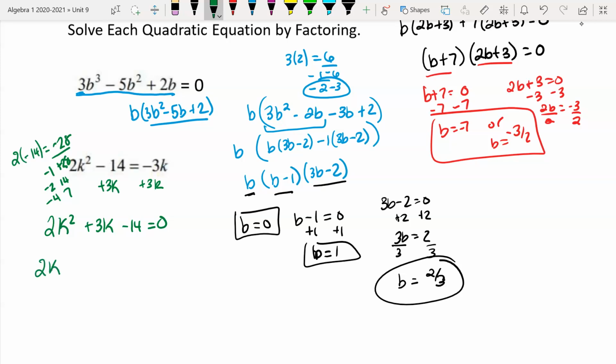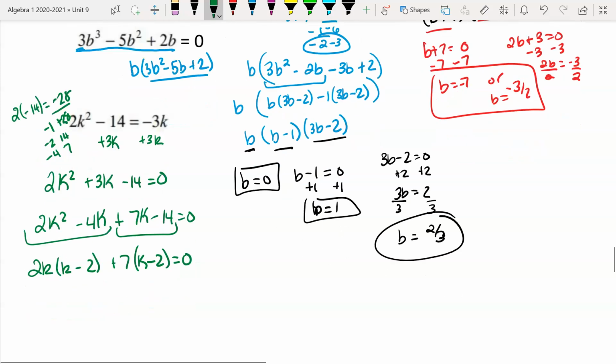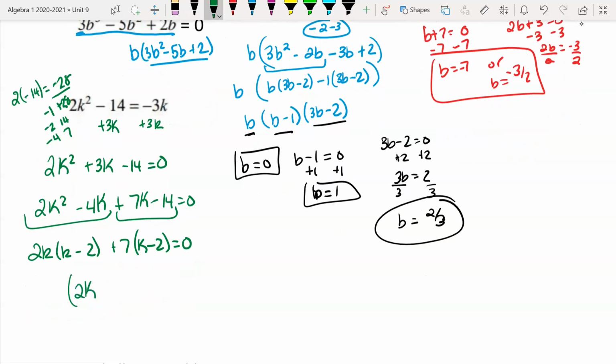So you know it's going to be negative 4 and 7. So then I would set them equal to 0.